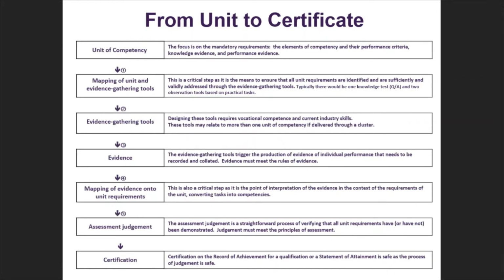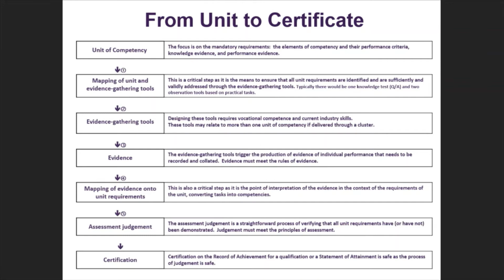We start with the unit of competency. It always starts with the unit of competency, and indeed it'll end with the unit of competency, because we use the unit of competency as a starting point in terms of our planning, and we use the competency at the end in terms of making our assessment, judgment, and certification. So the unit of competency bookends, if you like, the whole process. And so it really is important that we understand what the unit of competency has to say.